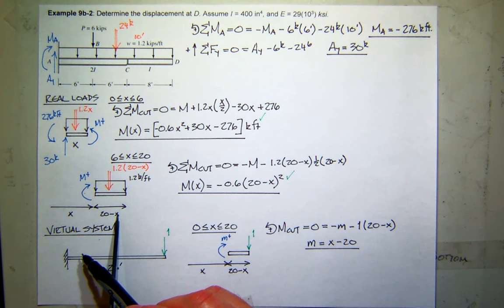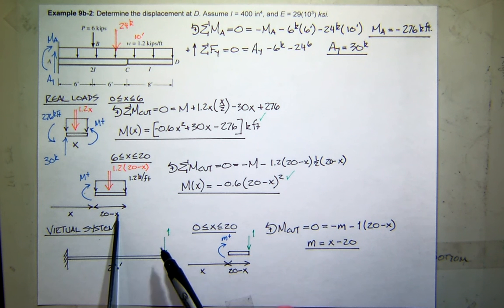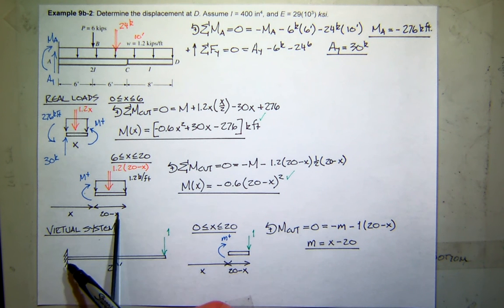You can work the left free body or the right free body. I chose the right free body. If I choose the left free body, which you can, you have to find the shear and the moment over here. That takes 2 equations. When I go this way, I don't have to find anything. And of course, when I cut it at some distance x here, I'm left with a segment that's 20 minus x. So there we go. The hard work is done.